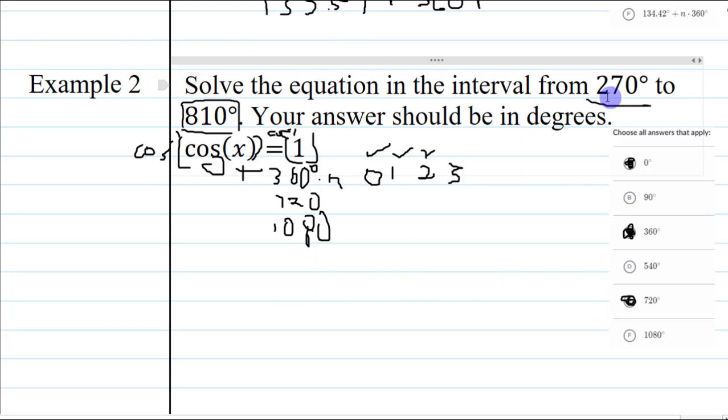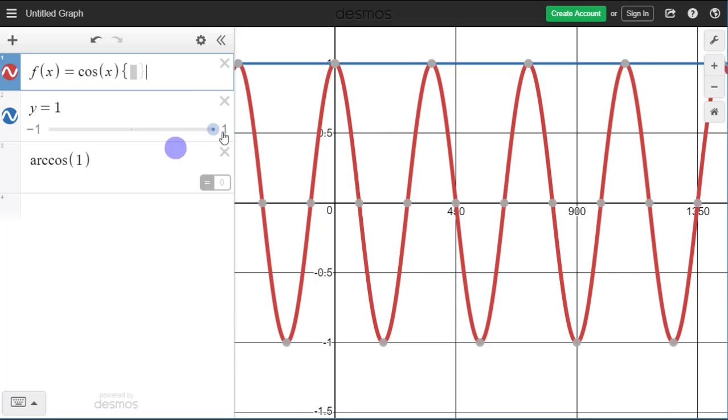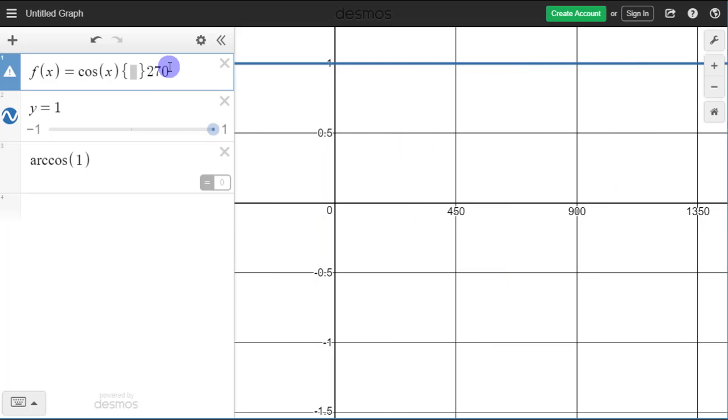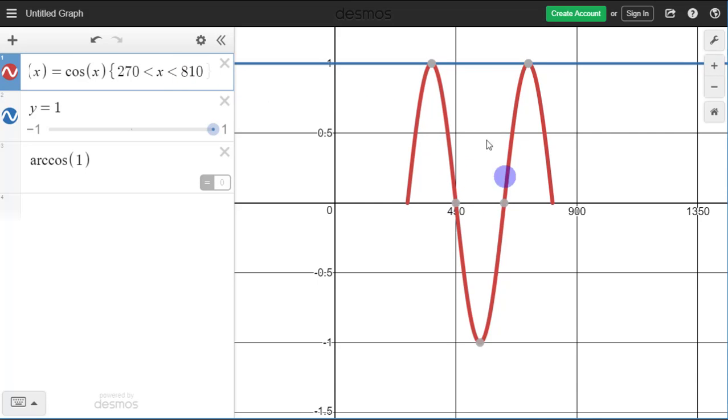Our left boundary was 270, so I say 270 is less than x is less than, what was our upper boundary? Our upper boundary was 810, so this is going to be 810, and it actually graphs it for you.